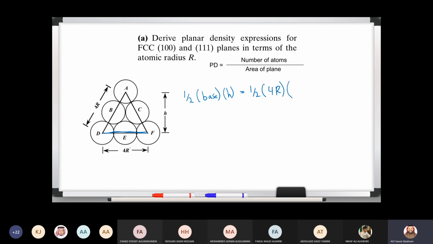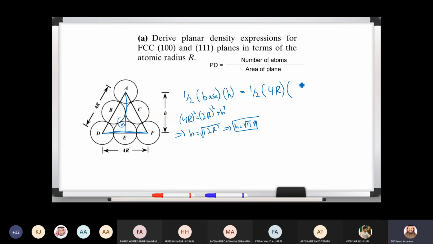The height, we can find out. This is the h, and we apply the Pythagorean theorem here. We know that 4R squared is equal to 2R squared plus h squared, meaning that h squared is equal to 12R squared, so h is equal to square root of 12R.